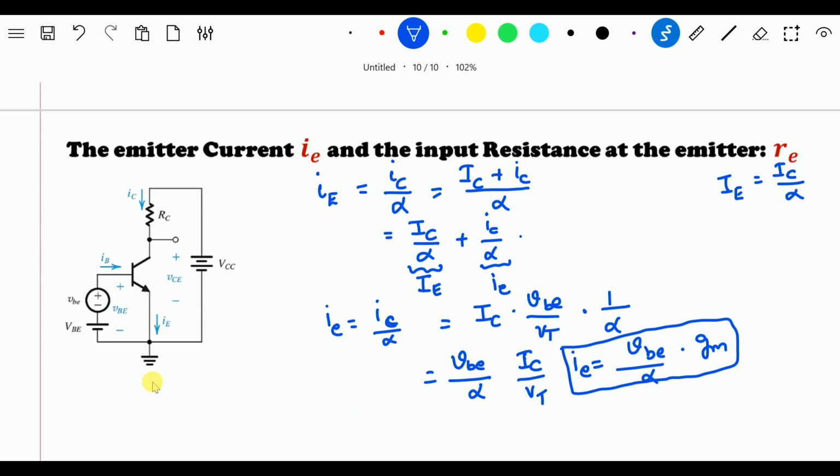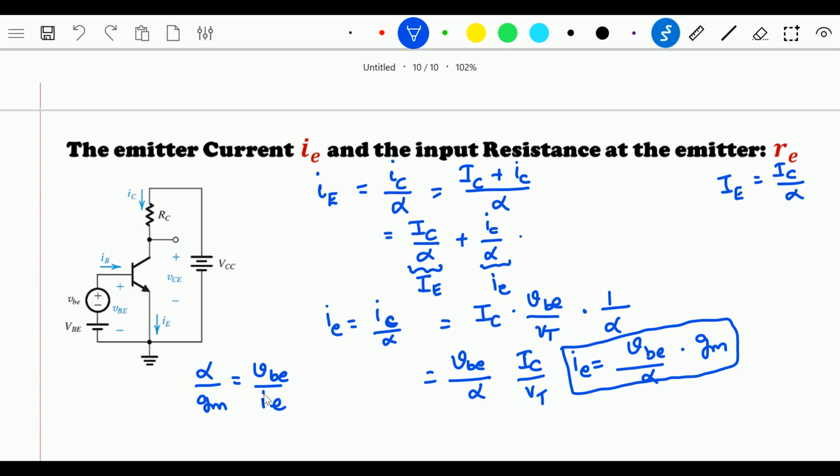Now if I take the ratio, I'll try to write alpha by GM equals small VB by small I, right? So alpha by GM equals small VB by IE.